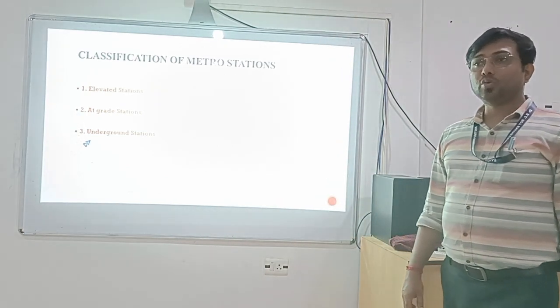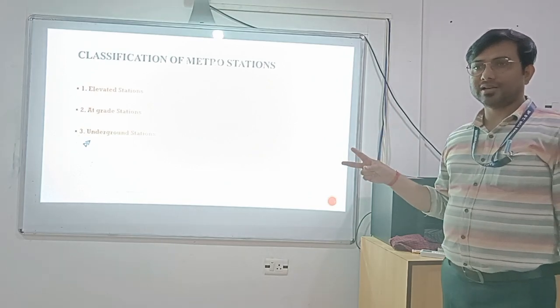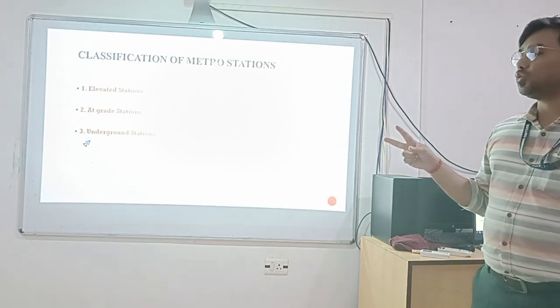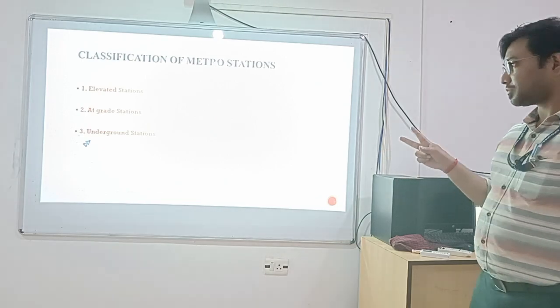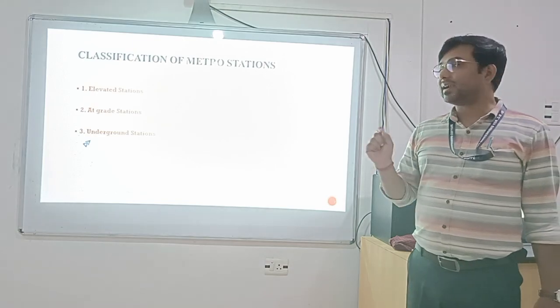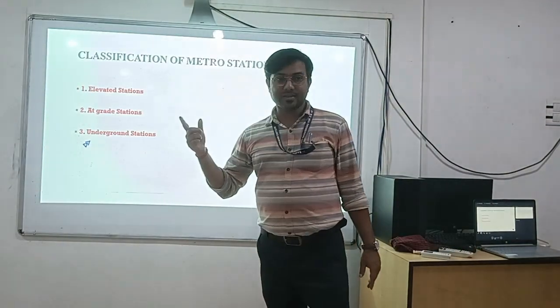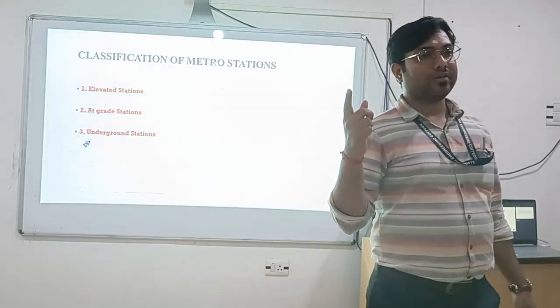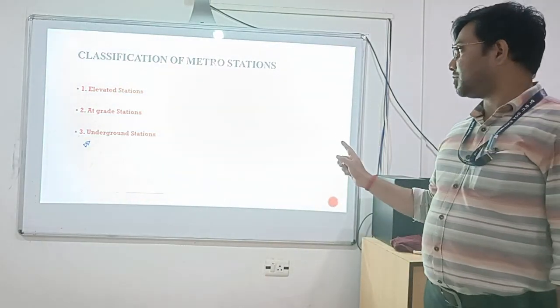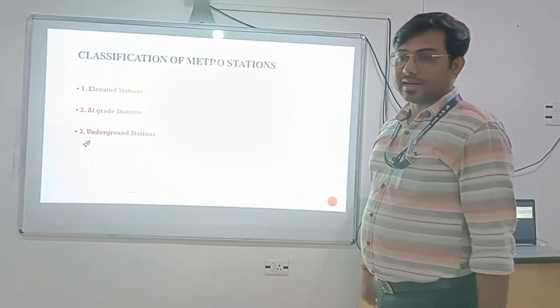So these are two criteria: the economy and the space or land available. These two criteria are the opting characteristics for elevated station and underground station, or elevated system or viaduct and underground or tunneling system.